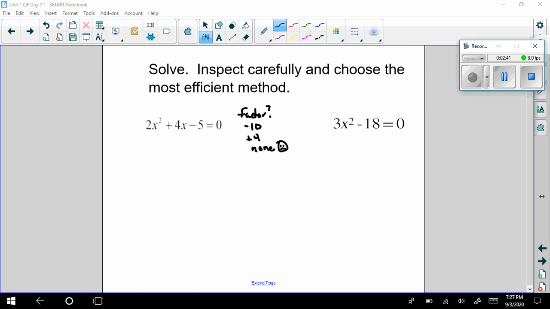All right, so from the quadratic standard form, we have a equals 2, b equals 4, c equals negative 5.